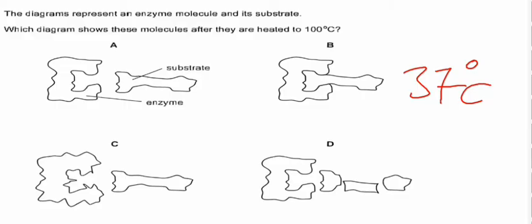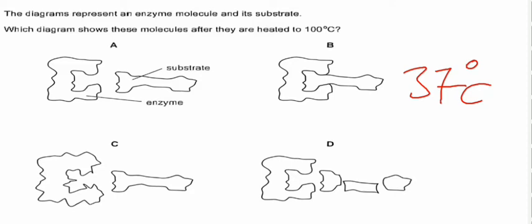So denaturation is the process by which the active site of an enzyme is disturbed. The active site of an enzyme is just this space here where the substrate binds. So when an enzyme undergoes denaturation, the active site is going to be disturbed such that the substrate can't be accepted on the active site.